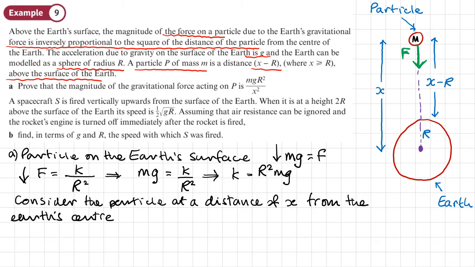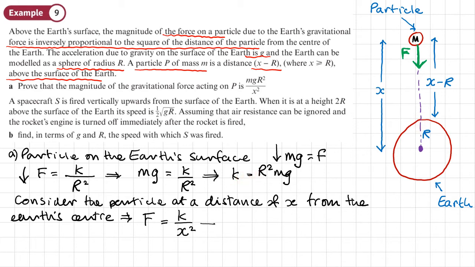So now we're going to consider the particle at a distance of x from the Earth's centre. So this expression now becomes F equals k over x squared. Now we're looking at the general case. We just used its position on the Earth's surface to help us find k.